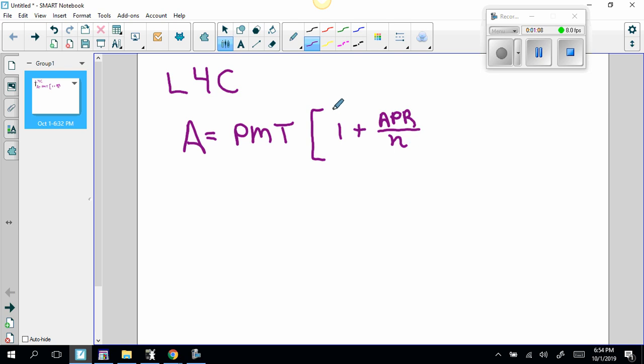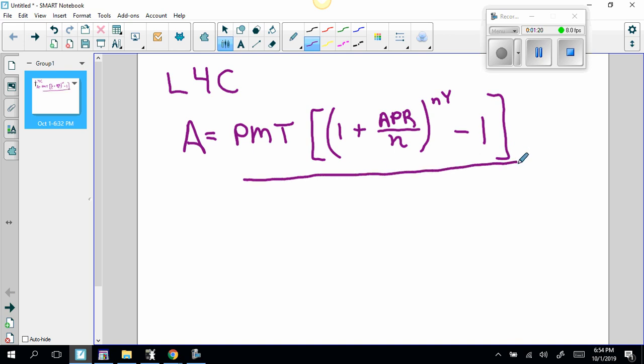Let me get some parentheses on here, to the NY, where Y stands for years and N is compounding periods. Then they go minus 1, and to make matters worse, they go over the APR divided by N.